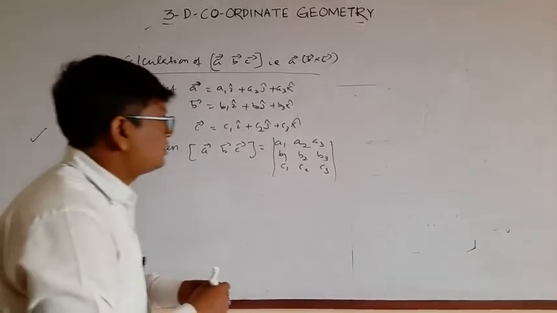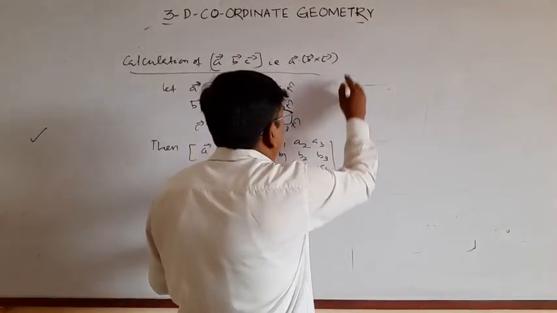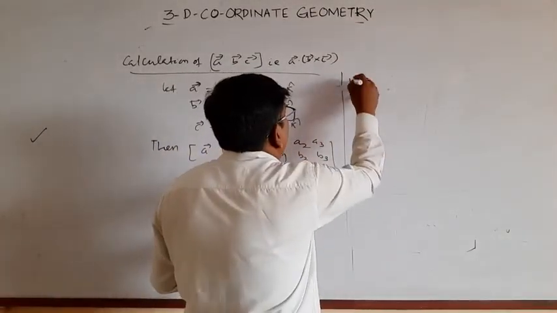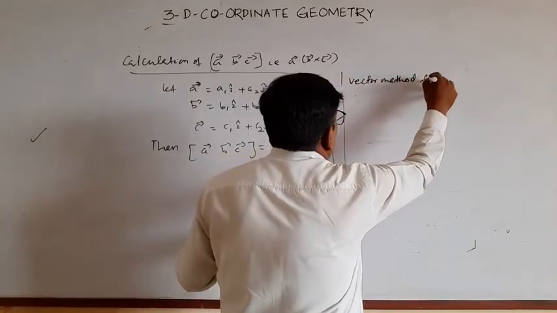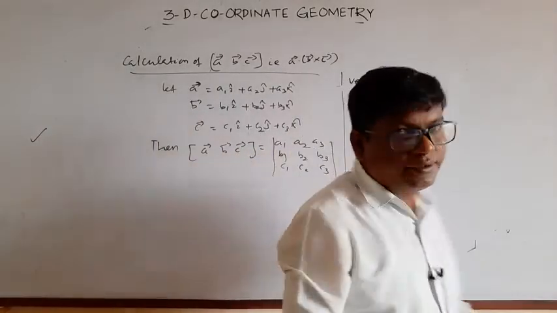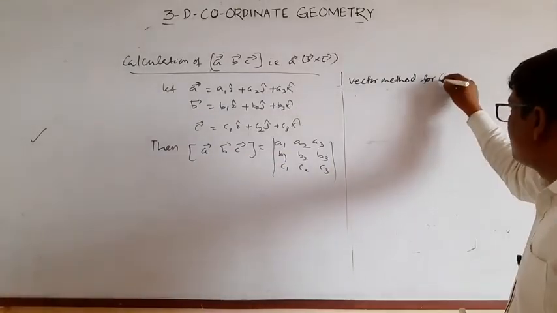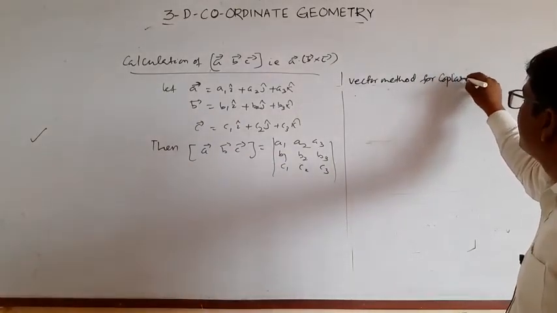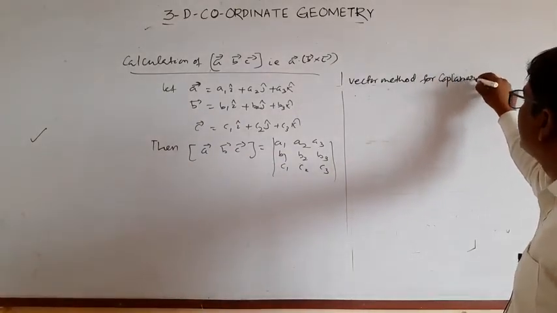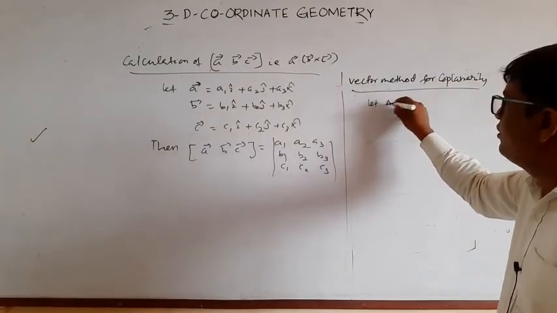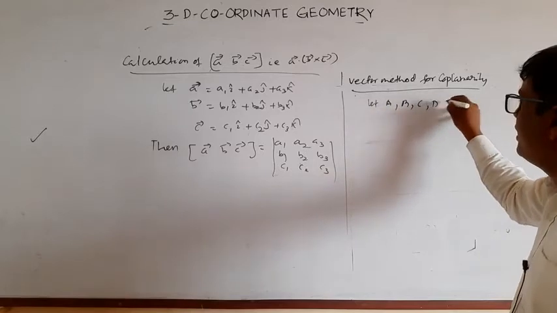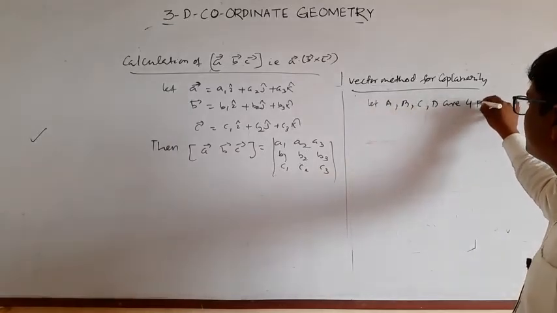Okay, then the vector method to verify 4 points are coplanar. Let A, B, C, D be 4 points.